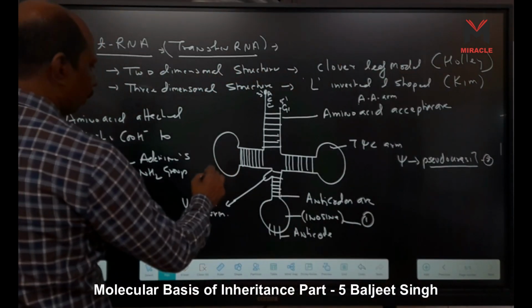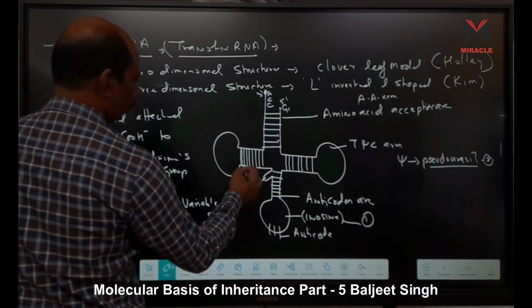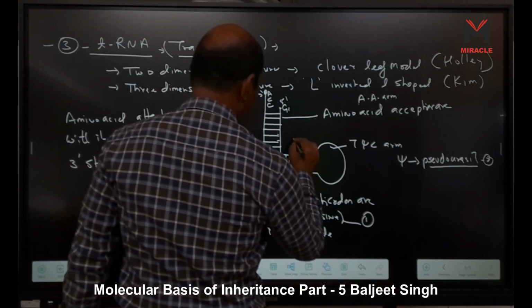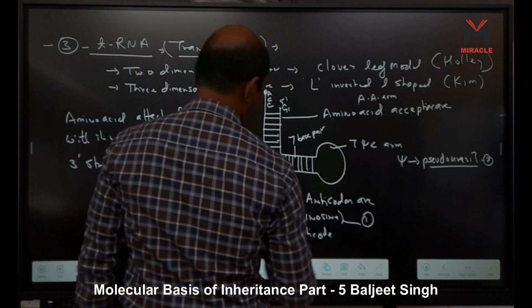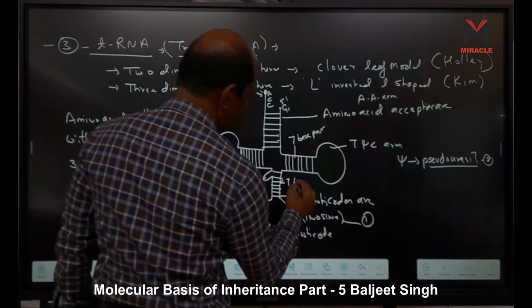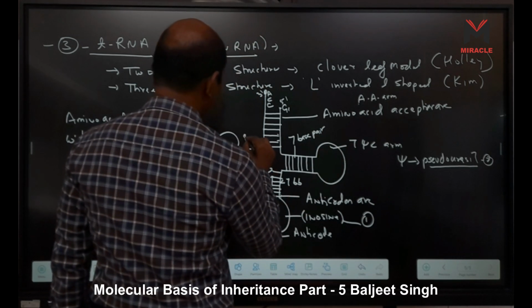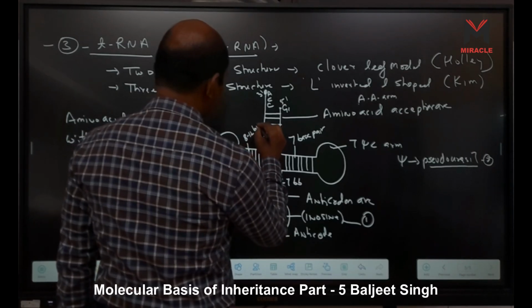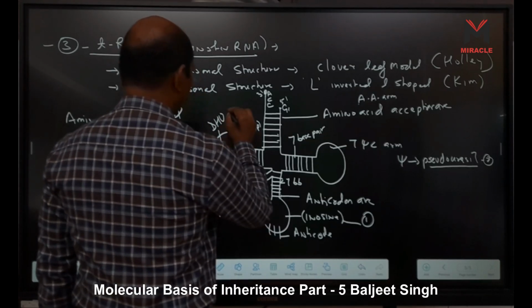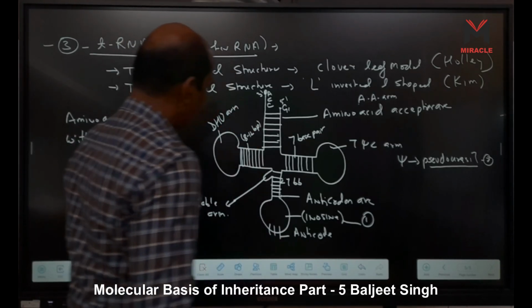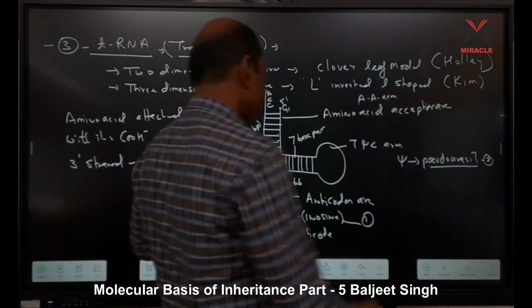And this is the DHU arm, this one 8 to 12. This side 7 base pairs, it is also 7 base pairs. This side it is 8 to 12 base pairs, and this is called DHU arm, right? What is the full form of DHU?